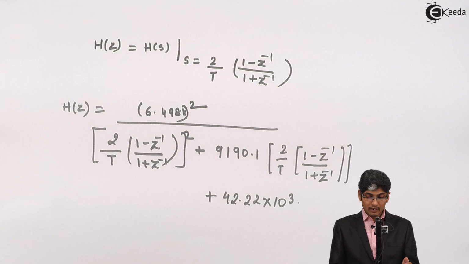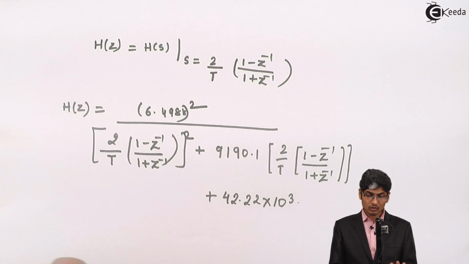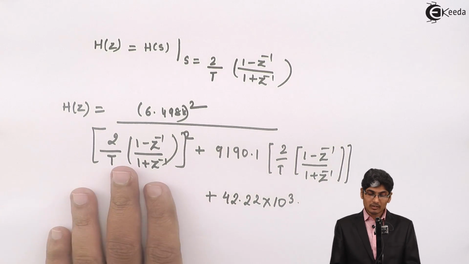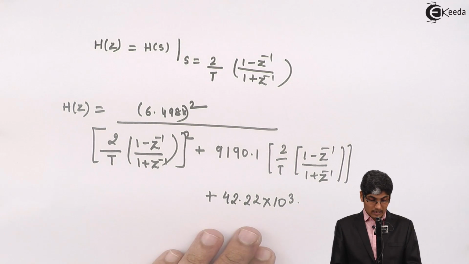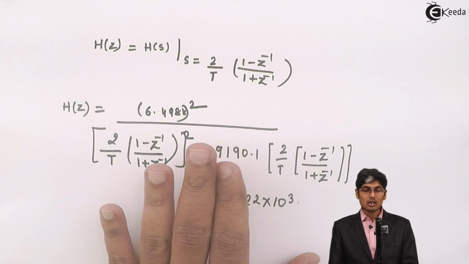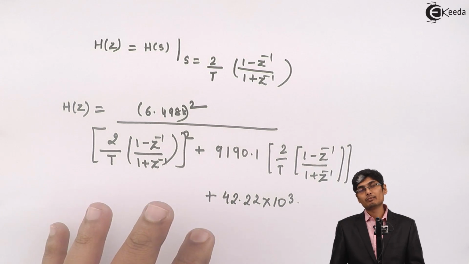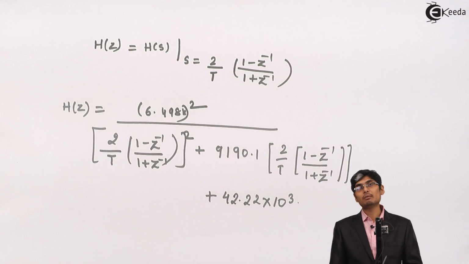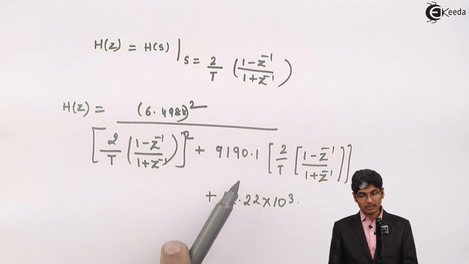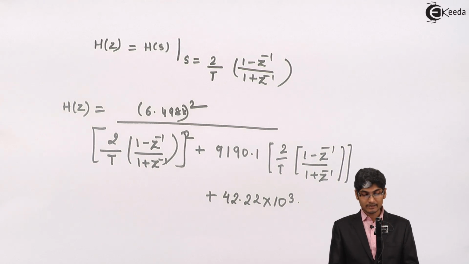If the numbers are small and easily solvable, then you go ahead with solving the problem. Otherwise, you can leave the problem at this stage also. There is nothing wrong in that, because the numbers are very huge, and it will take a huge amount of time for you to calculate.